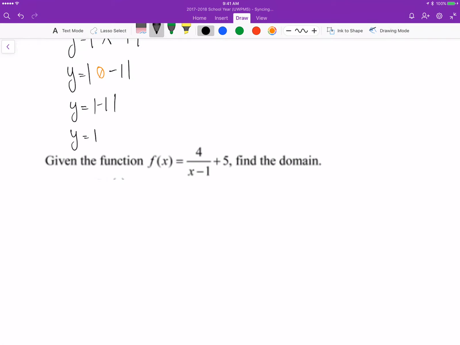And finally, let's look at example number 4. And example number 4 does have a restriction. So let's look at our restriction first. We have a fraction right here.